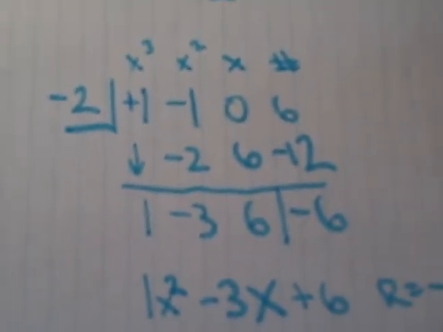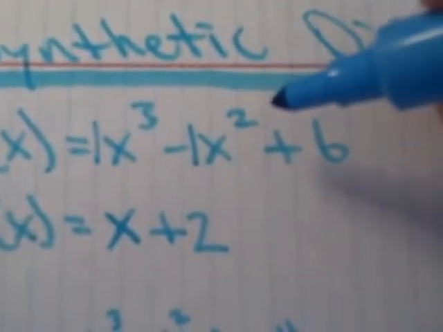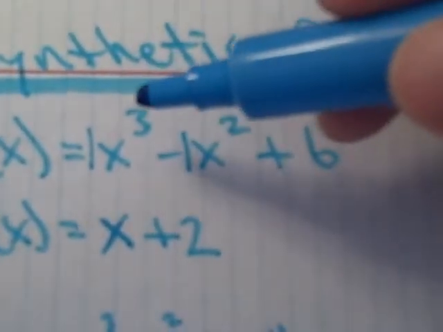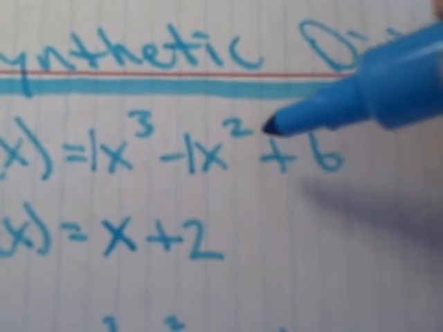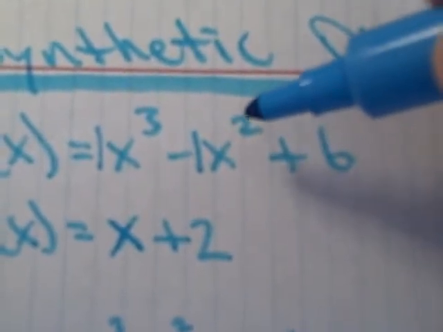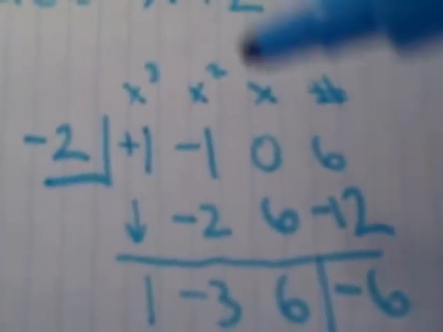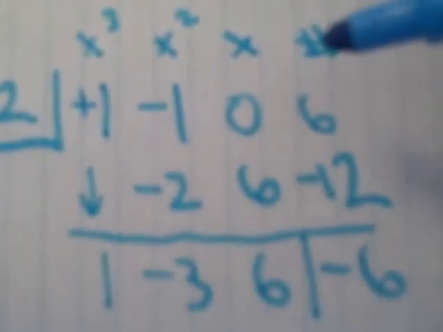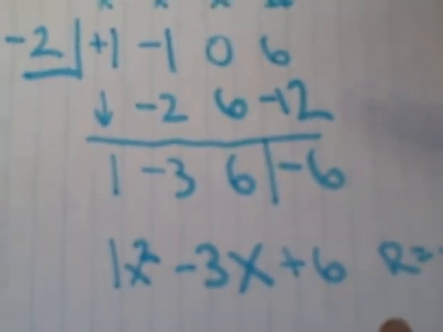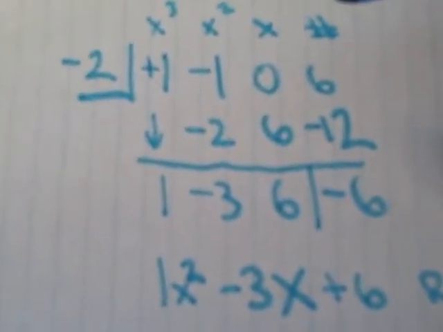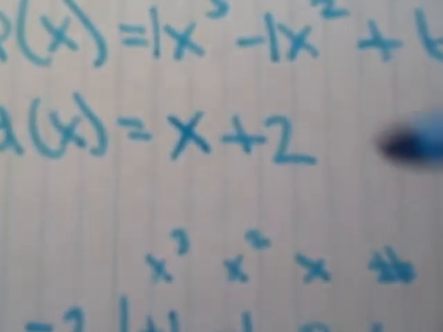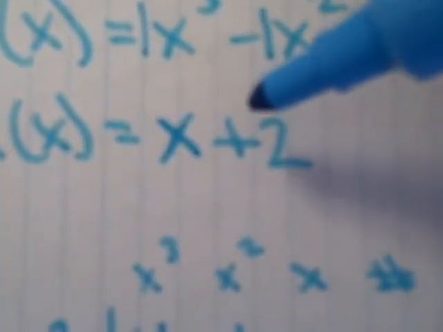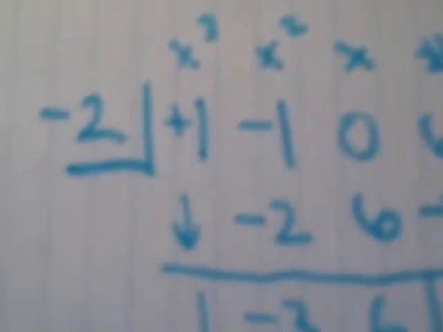And key rules to look at is if there is no single x to complement the squared x and the cube x, you have to make sure to plug in a 0 as a placeholder, just so that it doesn't mess you up in your final answer. And you have to make sure you take the opposite of your divisor, which is negative 2 from the plus 2.